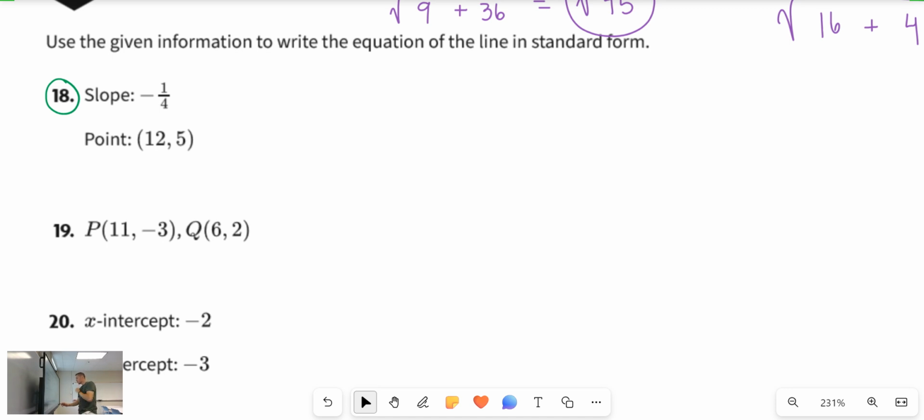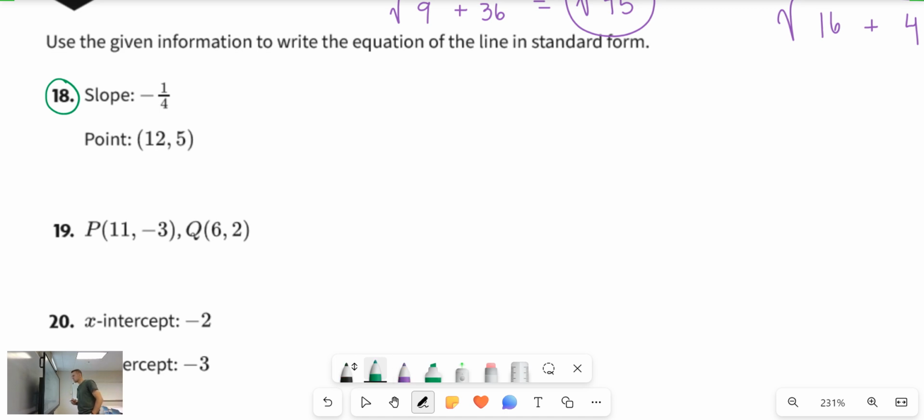Well, let's see. What do we have to work with here? We have a slope and a point. Now, it would be really easy to write this equation in point-slope form, don't you think? Because we have slope and a point. So we can always start by writing it in point-slope form.